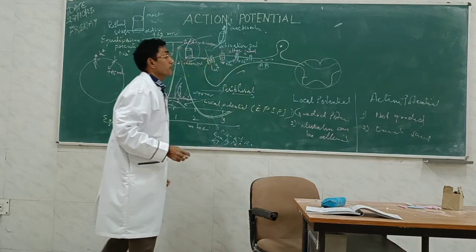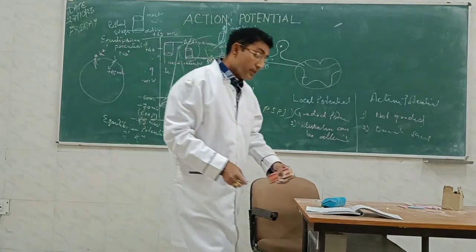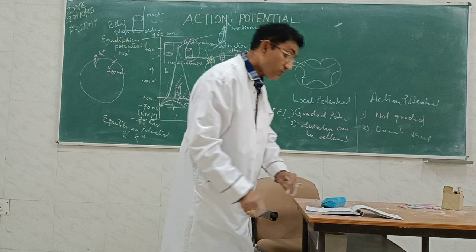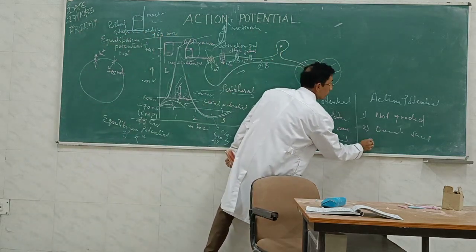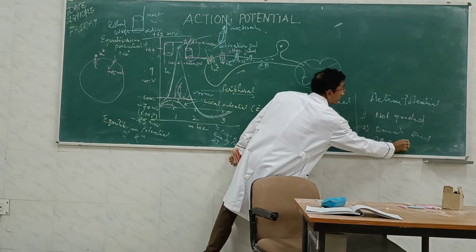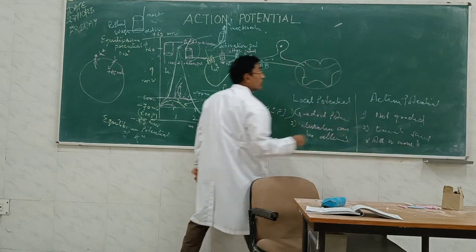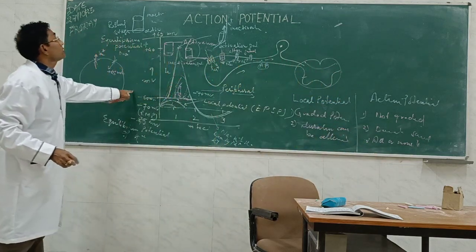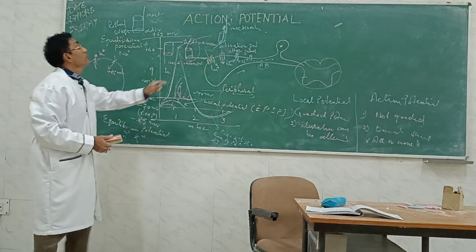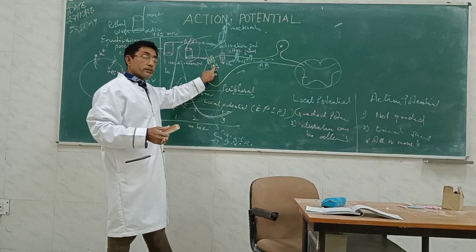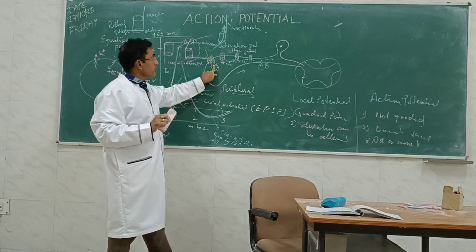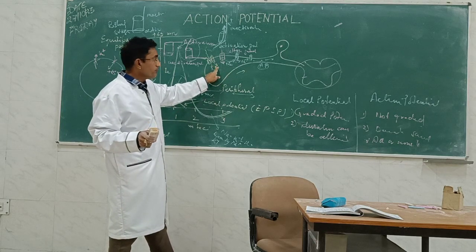Now there is another point: action potential follows all or none. This means if the stimulus is threshold or suprathreshold, then the cell will respond.